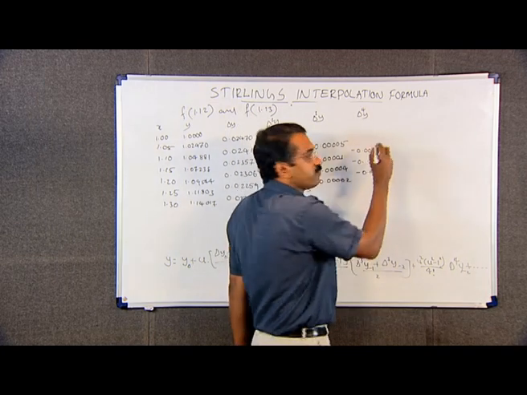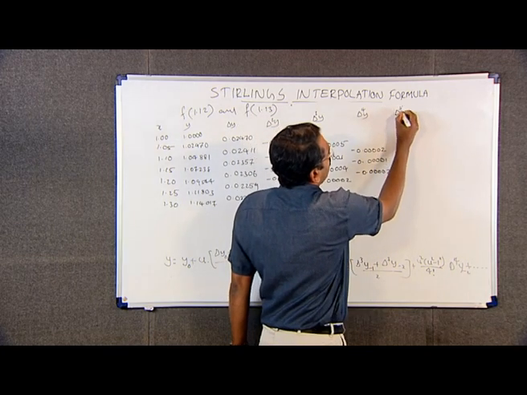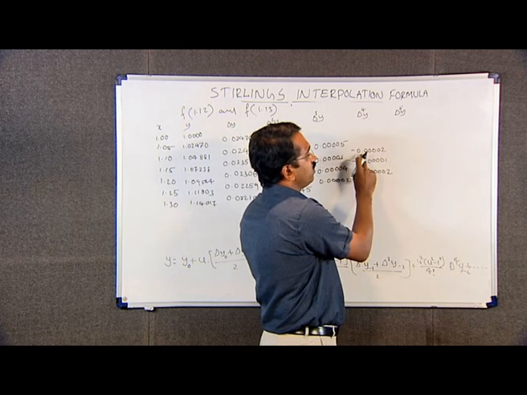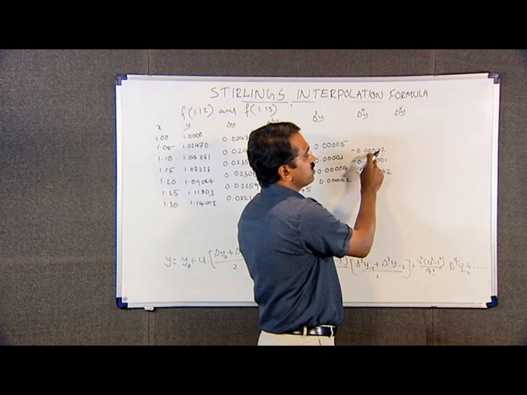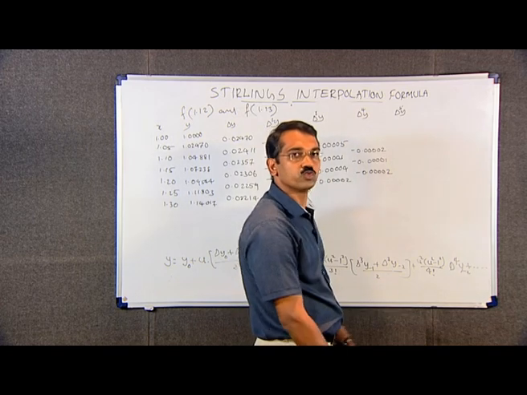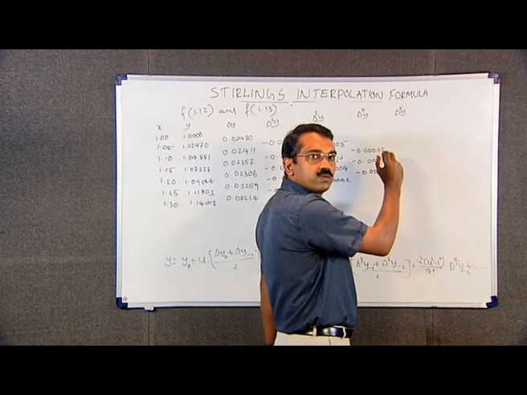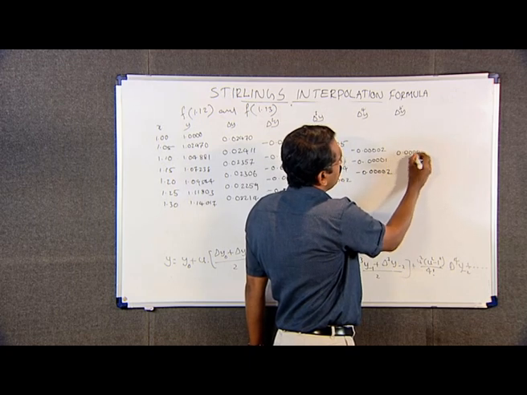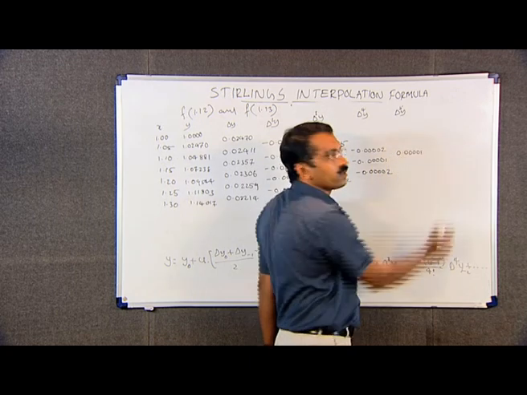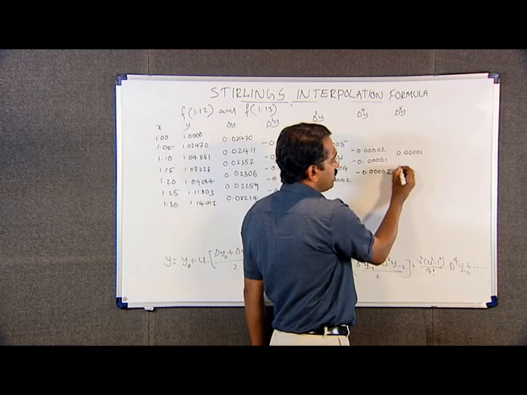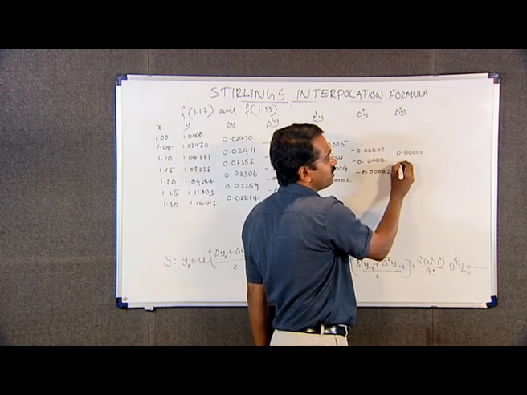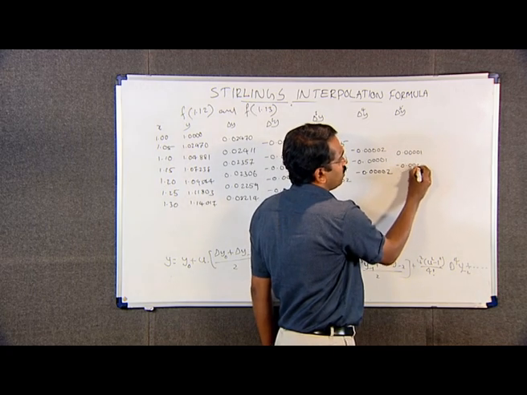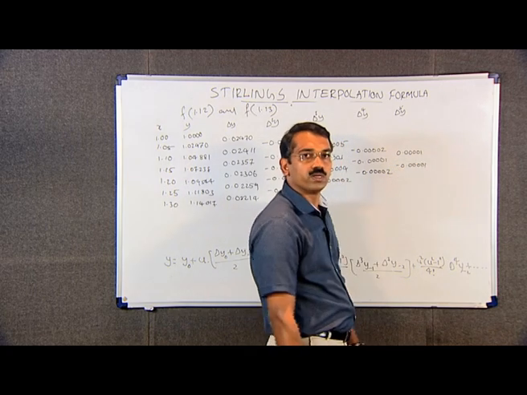The fifth order differences are, first is minus 0.00001 minus negative 0.00002, which is equal to 0.00001, and the second fifth order difference is minus 0.0001.